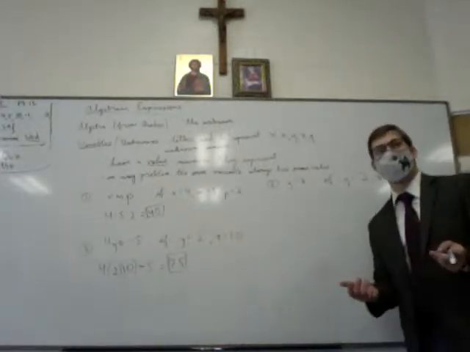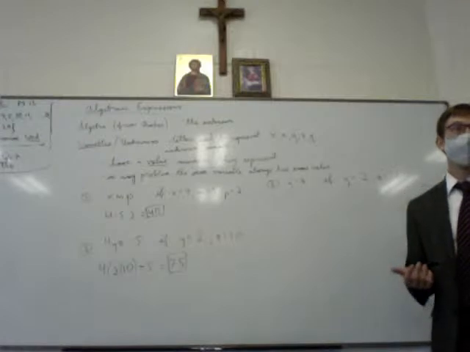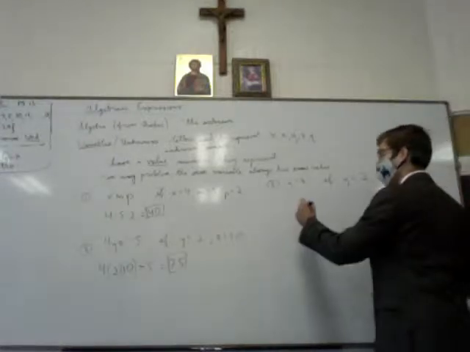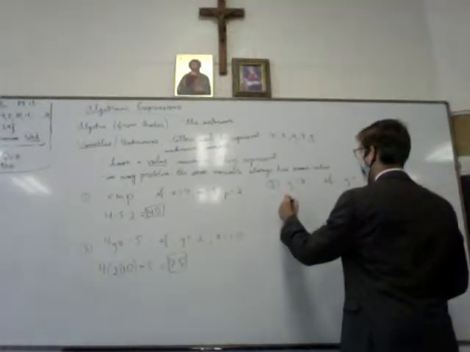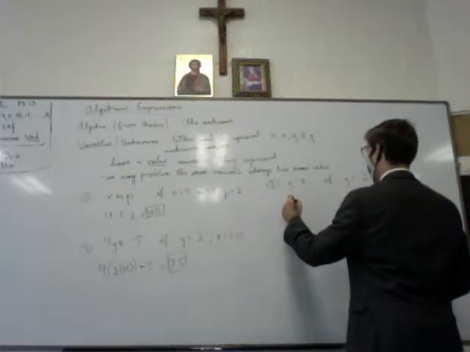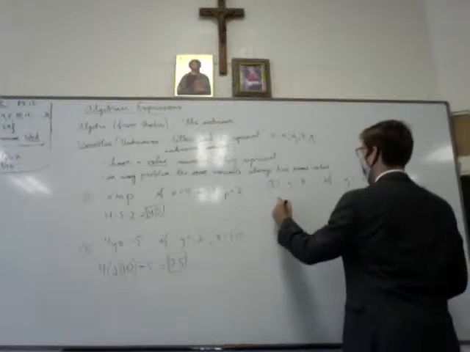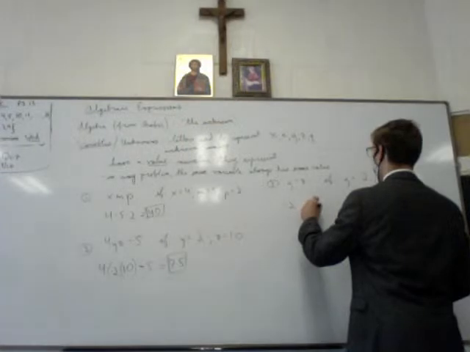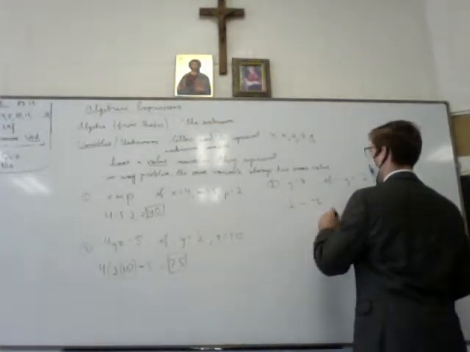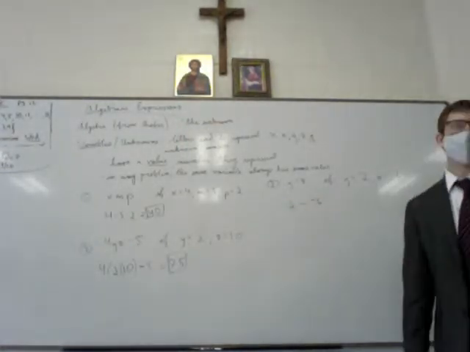So what are we going to do at this point? We replace y with negative 2, and we replace z with negative 6. Now we get negative 2 minus negative 6.